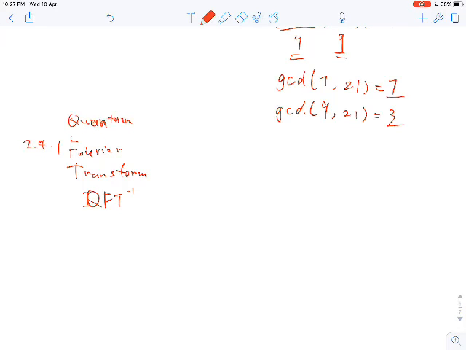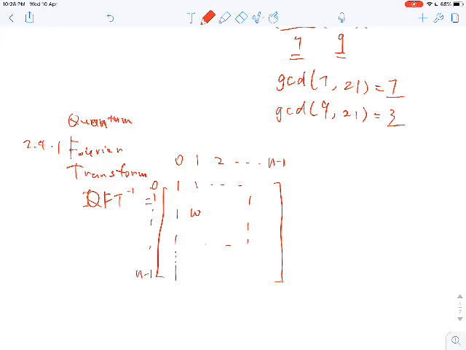The quantum Fourier transform has the same form as the discrete Fourier transform. It's just like 1, 1, 1, 1, and this is omega, and if we write the indexes of the entries, 0, 1, 2, up to n minus 1, then at some position ij, the entry is omega to the power i times j.